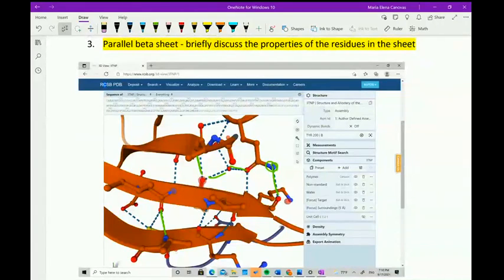Next are the parallel beta sheets. The parallel beta sheets are seen here. They are joined together by hydrogen bonds, between the oxygens and the nitrogens. You actually can't see the hydrogens, but that is what is actually attached, not the oxygen and nitrogen per se. And these have 120 degrees, therefore their bonds are slanted, as you can see by the green highlighted area.